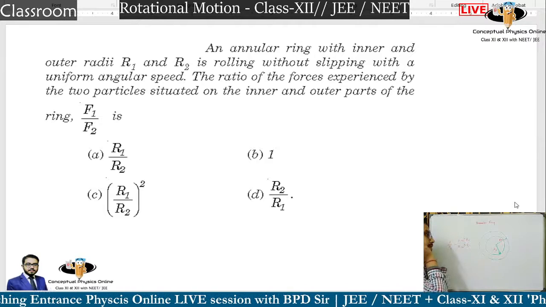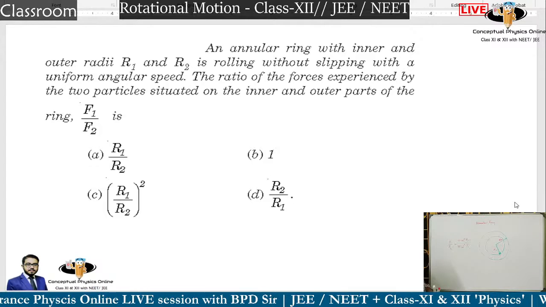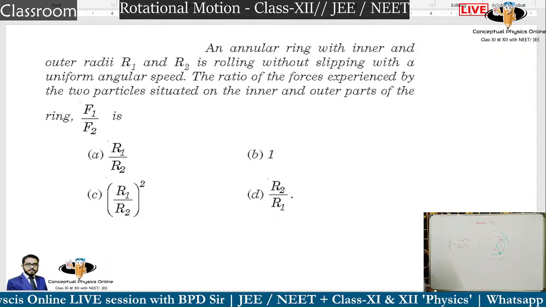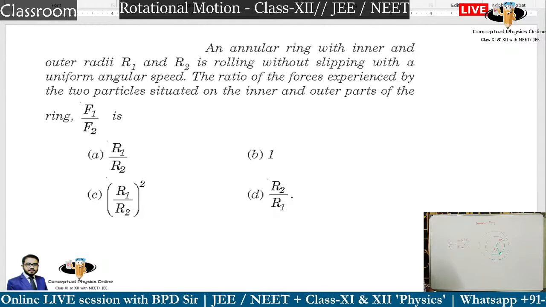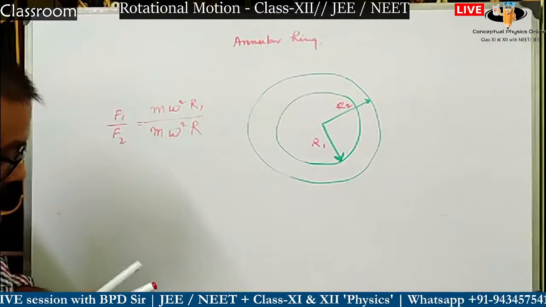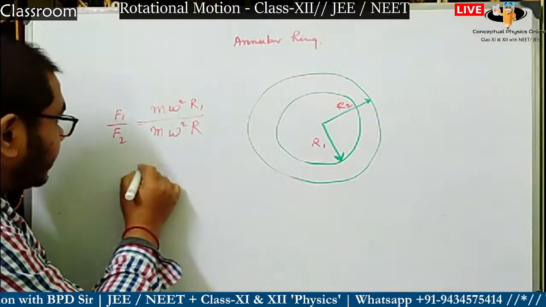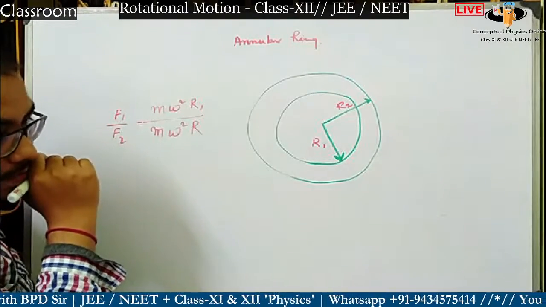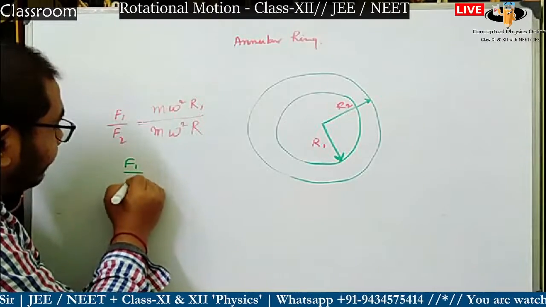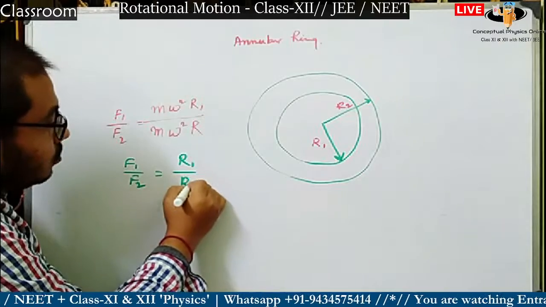M and omega, that is the mass and the angular velocity, will be same for the annular ring, because we are taking the same ring, right? So with this context we can say that F1 by F2 is becoming R1 by R2.